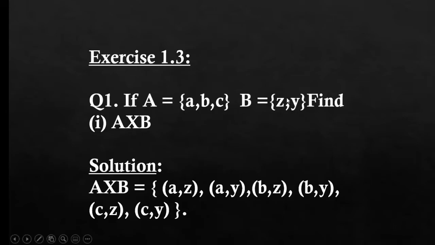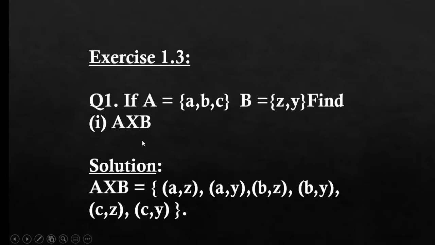So all ordered pairs can be made in a manner that it would be AZ, AY. No other ordered pair can be made with A as the first element because it has paired up with all the elements in B. Then the next would be BZ and BY, then CZ and CY. So these are all the ordered pairs which can be made with the help of these sets.